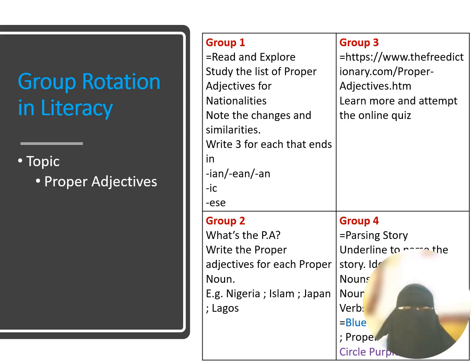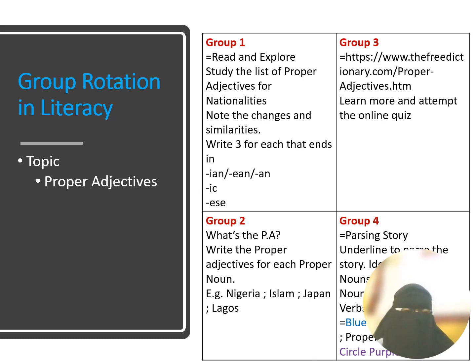And then we can also integrate group rotation in literacy, using teaching proper adjectives as an example. Group 1 can read and explore. They study the list of proper adjectives for different nationalities and note the changes and similarities. So you can give them a task to write 3 of each sample that ends with IAN, EAN, and AN.